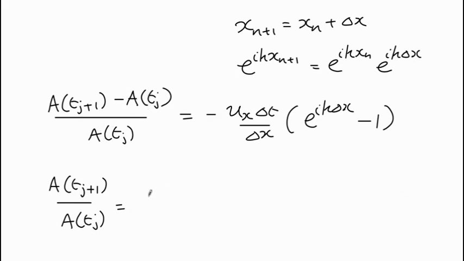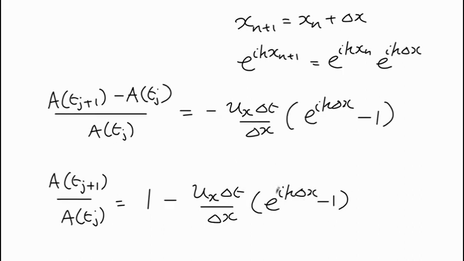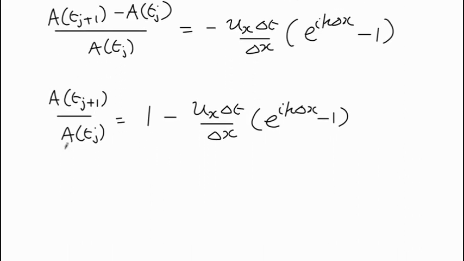Move over to the other side, so this is 1 minus u_x delta t over delta x times (e to the ik delta x minus 1). If this is greater than 1, then the amplitude at the next time is bigger than the amplitude at the previous time, and we have a wave that's growing in time. So this must be less than or equal to 1 for stability.